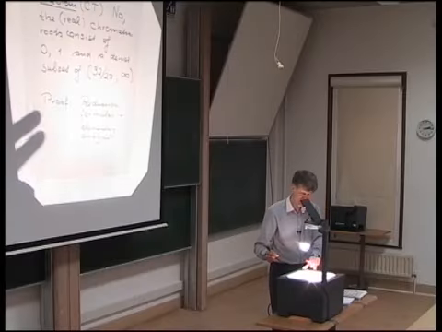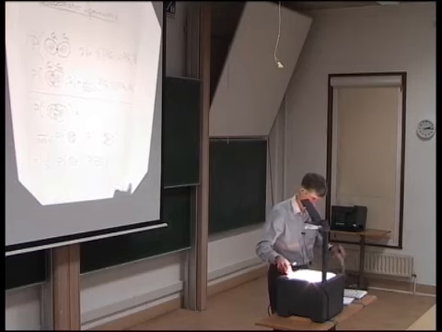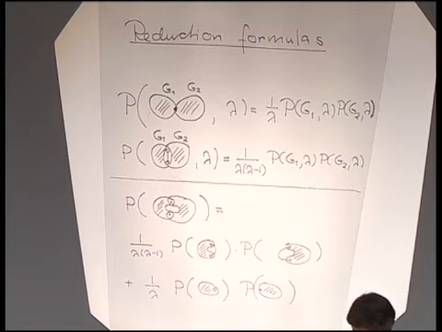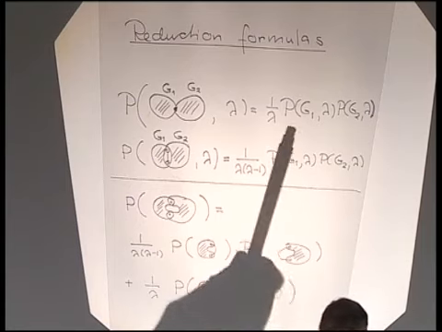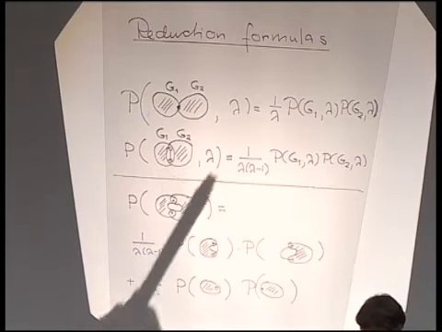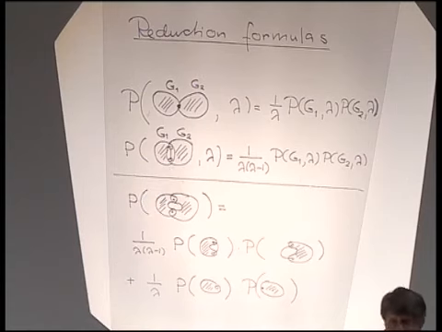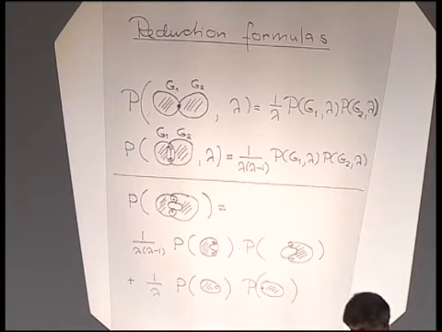And the reduction formulas are the following. If you take two graphs and paste them together in a vertex, then the chromatic polynomial of the resulting graph is just the product of the two chromatic polynomials divided by lambda. And you have a similar formula if you glue two graphs together along an edge, and you can generalize this to arbitrary complete graphs.